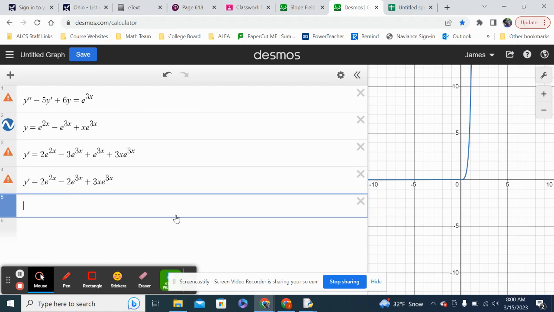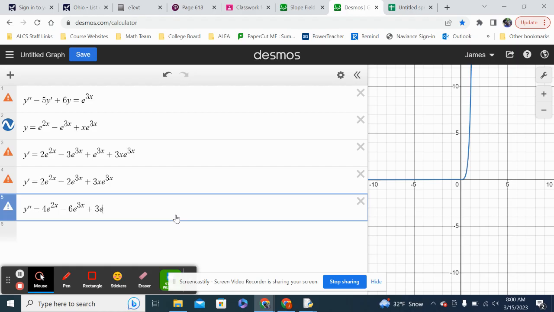Okay. So now I'm going to find y double prime from y prime. Got my y double prime there, and again, I'm going to combine like terms.